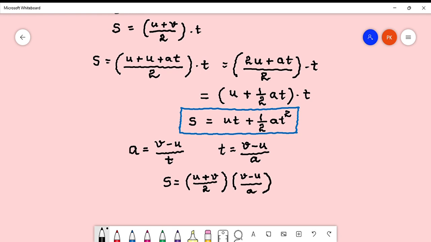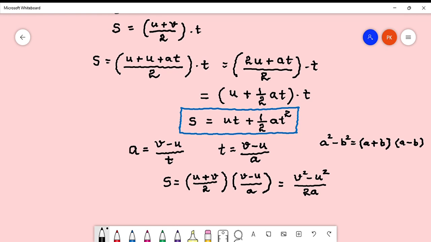Now, in mathematics, you have the factorization formula. A square minus B square is A plus B into A minus B. So here, in the numerator, V plus U into V minus U, that will become V square minus U square, divided by 2A.